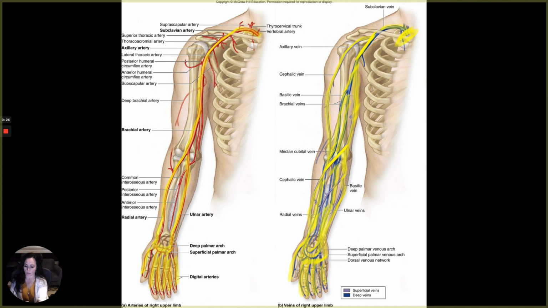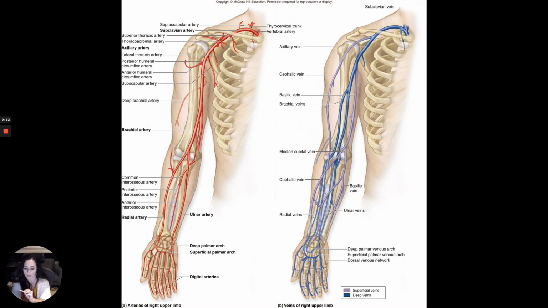There are brachiocephalic veins on both sides, even though there's only one brachiocephalic artery. Then those dump together to make the superior vena cava. And that is blood supply to and from the arm.